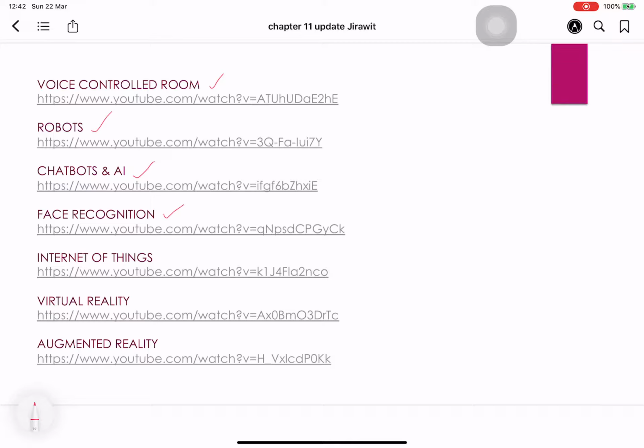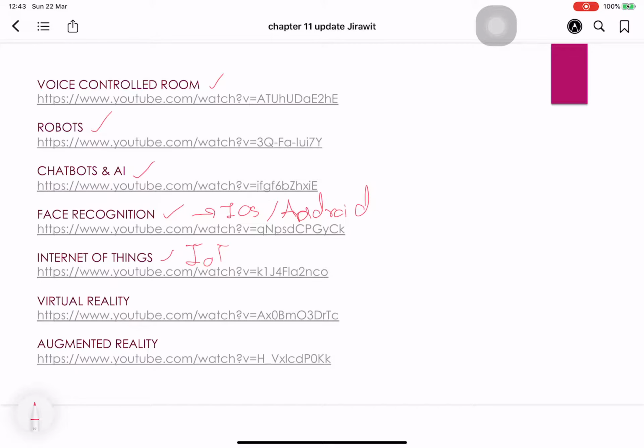Even though you use a mobile application, you can use face recognition on iOS, okay, or some Android. And Internet of Things, IoT.